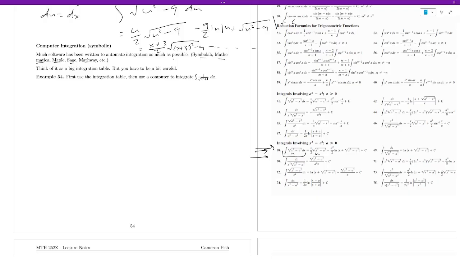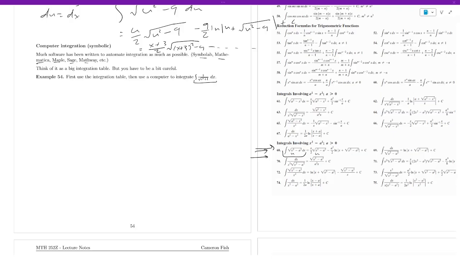It still has the limitations of a table: if it's not a known integral that people have done before, it's not going to be in the table somewhere. That is for the traditional computer math software. Nowadays, it's getting even crazier.